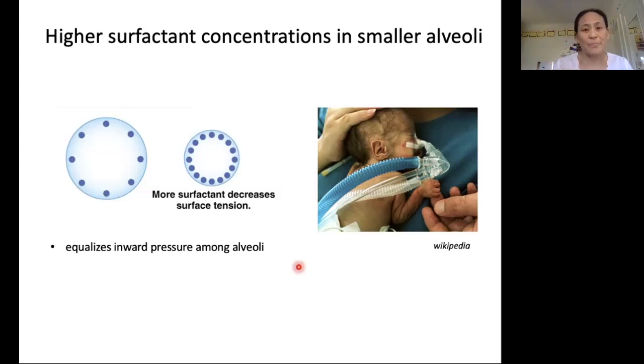Without enough surfactant playing that role of increasing the compliance in their alveoli, they need the help of a ventilator to breathe.